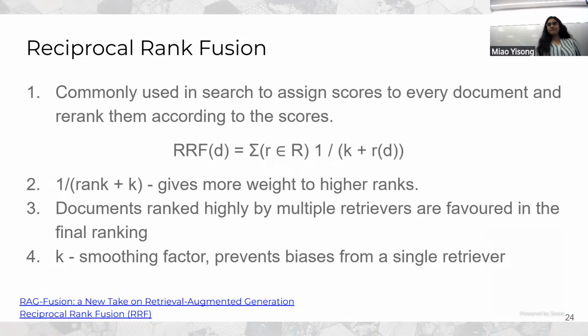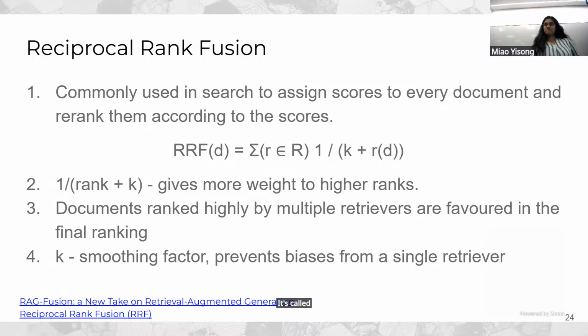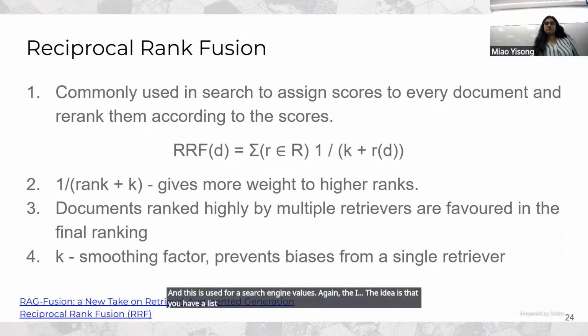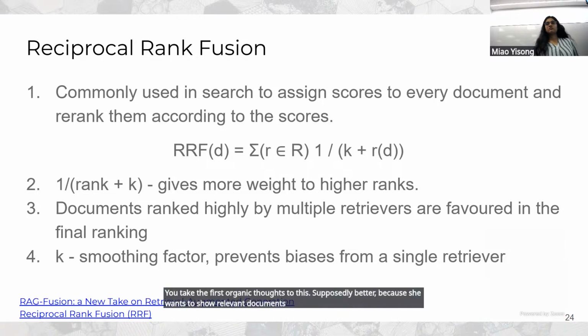Yeah, I think your point is very useful because there is an evaluation metric related to this. It's called MRR, which stands for mean reciprocal rank, and it's used for search engine evaluation. The idea is that you have a list of documents and the first document is supposedly better, because you want to show relevant documents towards the top of the list.